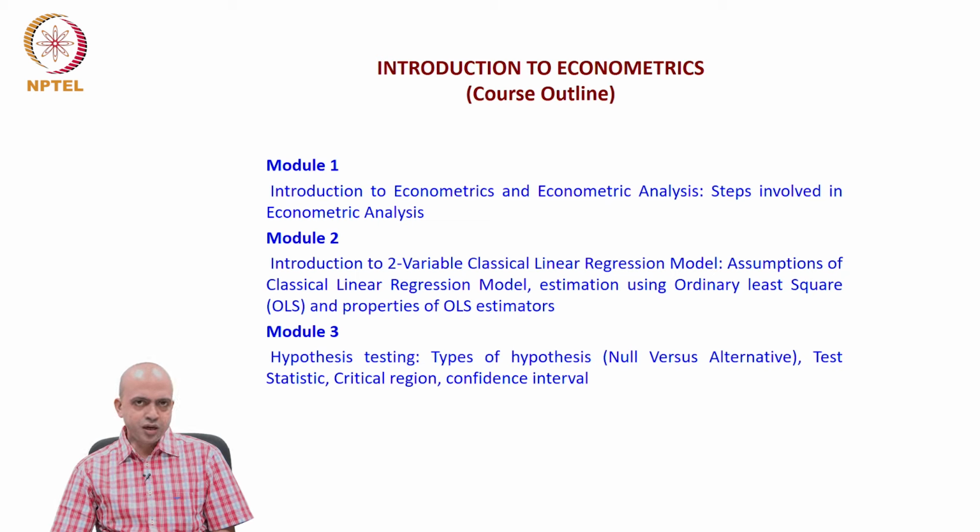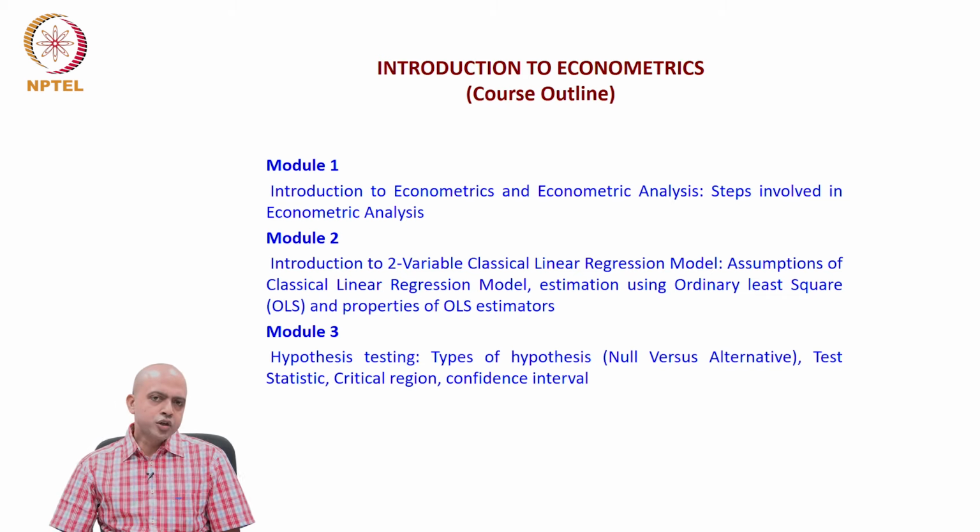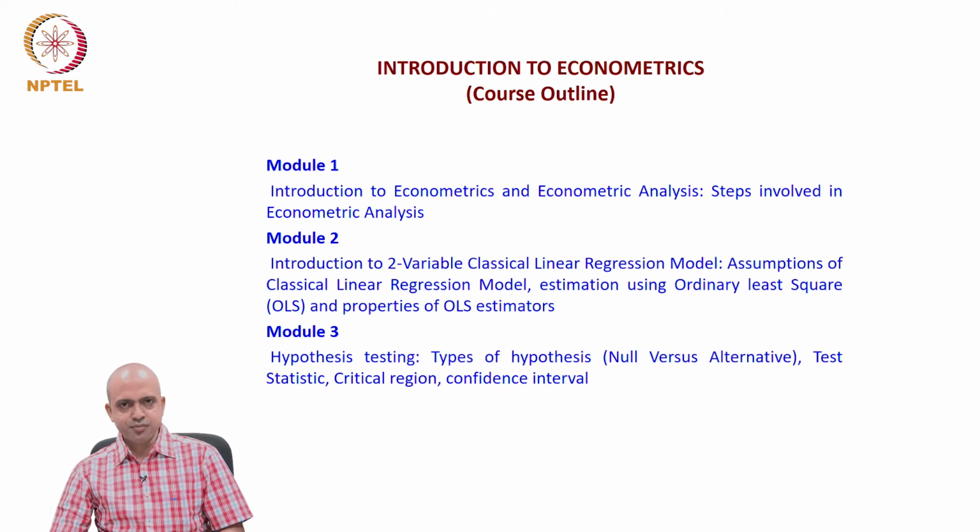So, like in any other science discipline, we observe certain phenomena, we observe the behavior of individuals in our society, and the unit of analysis could be individuals, firms, cities, states or even a country. So, we will first hypothesize some kind of relationship, then formulate a mathematical model, then estimate the relationship, and then go for forecasting or policy making.